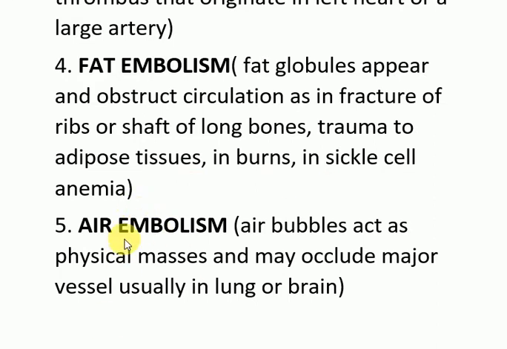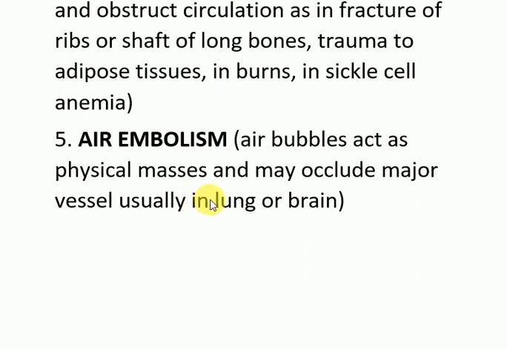Extrinsic fat or oil for therapeutic purposes, as a complication of liposuction, or acute pancreatitis may lead to fat embolism because the fat globules may obstruct circulation. Then the fifth one is air embolism. Air bubbles act as physical masses and may occlude a major vessel, usually in lung or brain.